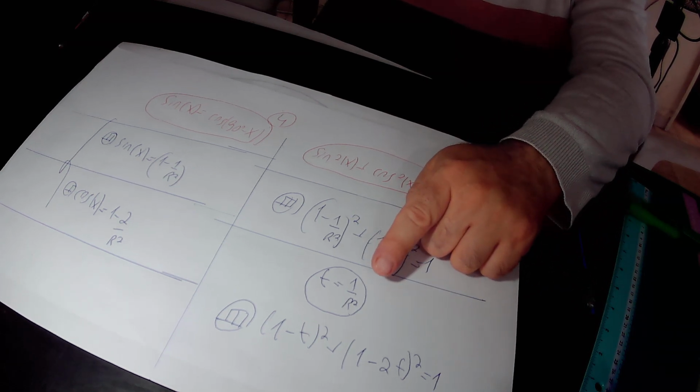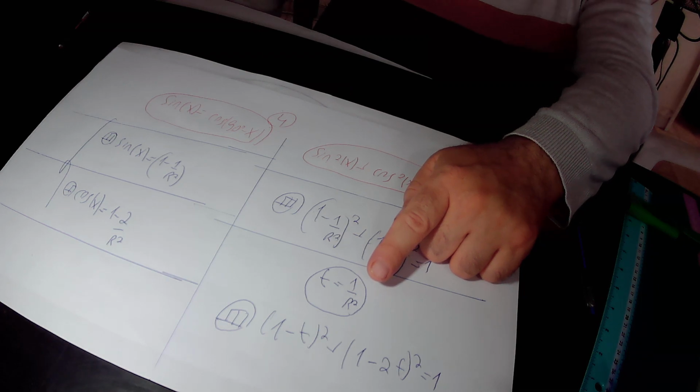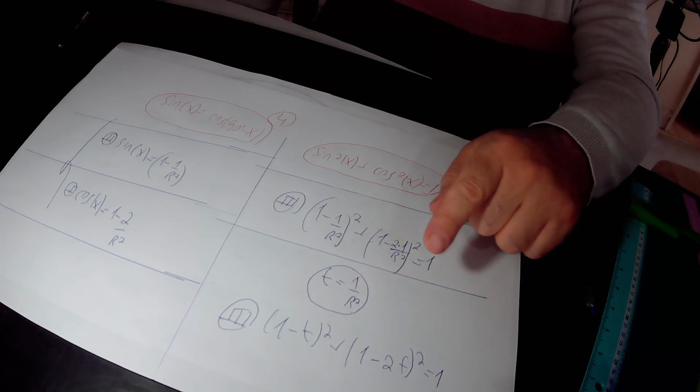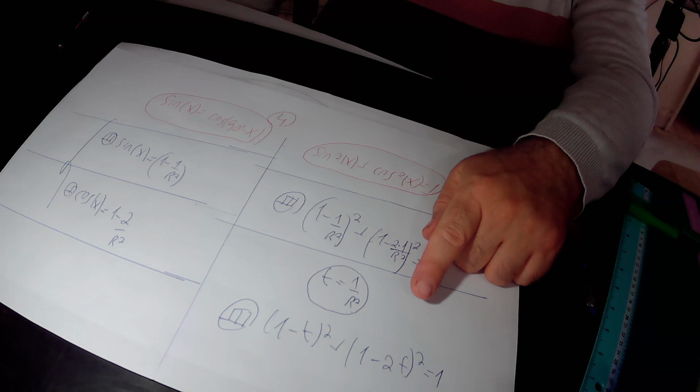Here we open the brackets: 1 minus t squared equals 1 squared plus t squared minus 2t, and 1 minus 2t squared equals 1 squared plus 4t squared minus 4t, equals 1.